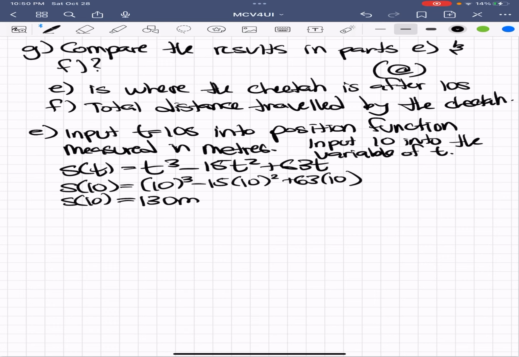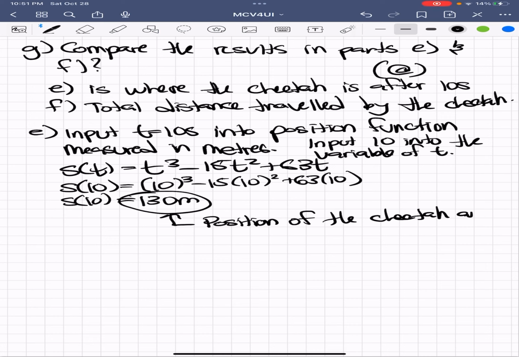And that answer right there is the position of the cheetah at t equals 10 seconds. It is not the total distance traveled by the cheetah in the entirety of the 10 seconds. That's what F is. It is where the cheetah is at 10 seconds.